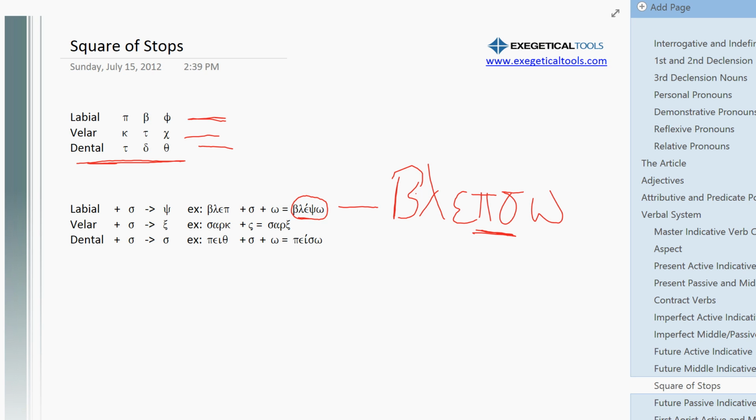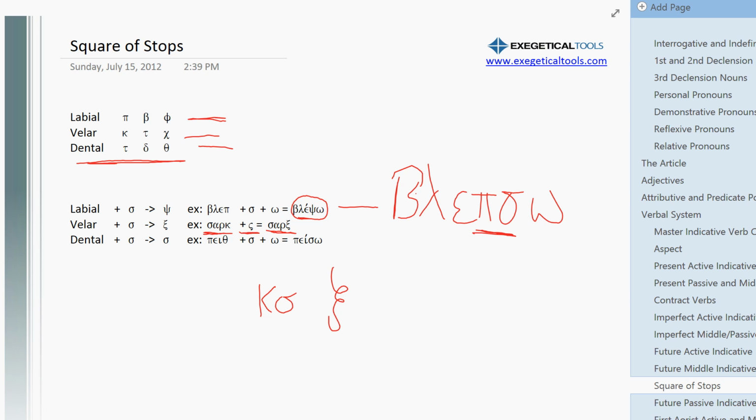Same thing with sarx. Sarx is the nominative singular feminine form of flesh. And the actual stem, because it's third declension, is sarc, and then you add the nominative singular ending of sigma on there, and instead of sarc-sigma, you get sarx with a xi. And that's how you get that lexical form.